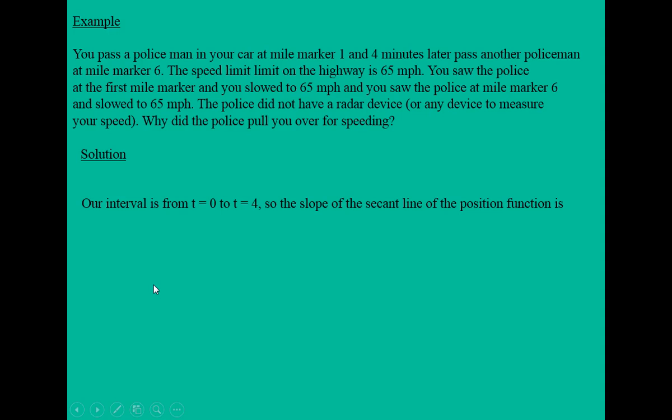So if our average velocity is over the speed limit, then we know at some point on that interval our instantaneous velocity has to be over the speed limit also.